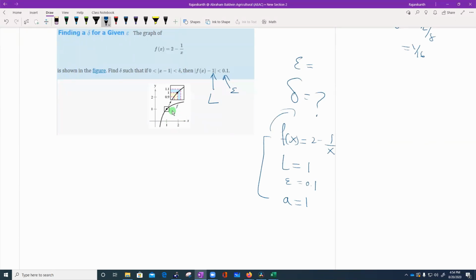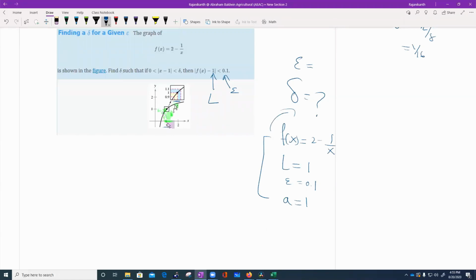Okay. So what they're doing is trying to enlarge this picture, this square box here. That means you look at these three values. These three values will be somewhere here, because they have enlarged this picture, right? This black dot is nothing but the limit value 1. The function approaches 1 as x approaches 1.